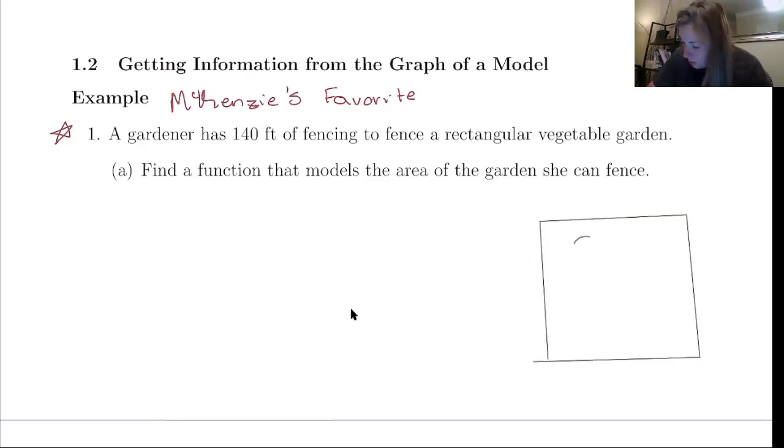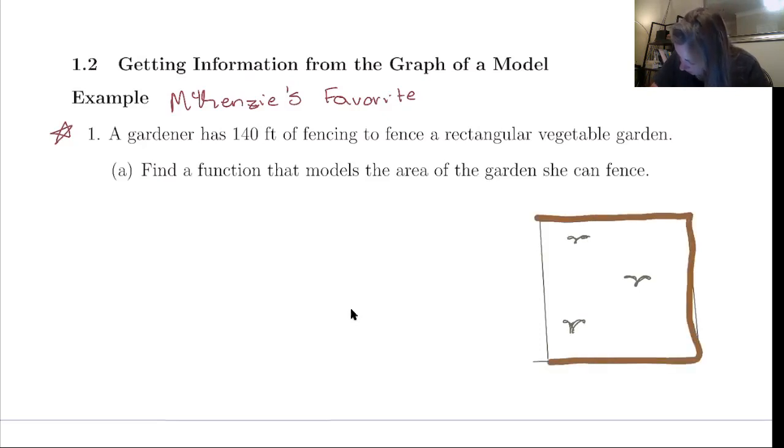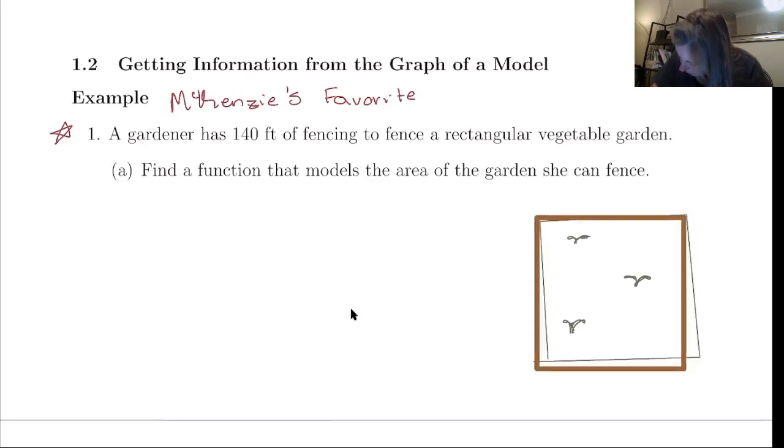So like these are our little vegetables, our little flowers. And all around them is our fencing, right? You want your deer out. You don't want any pests or anything. Border them in, right? Act like that's some type of shape.